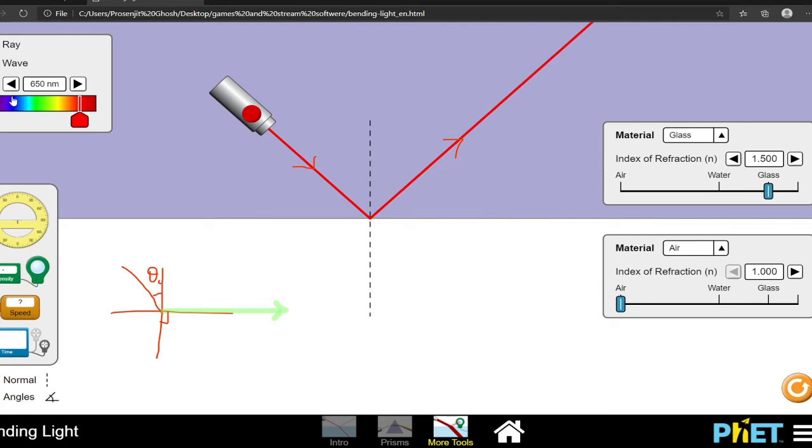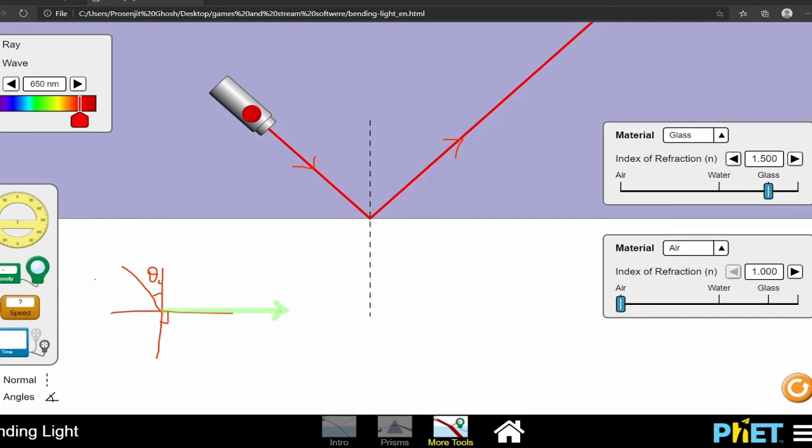So also in refraction, reflection is possible when the light moves from denser to rarer medium and the incident angle is more than the critical angle. Just remember it like that. Okay, so now what is happening?